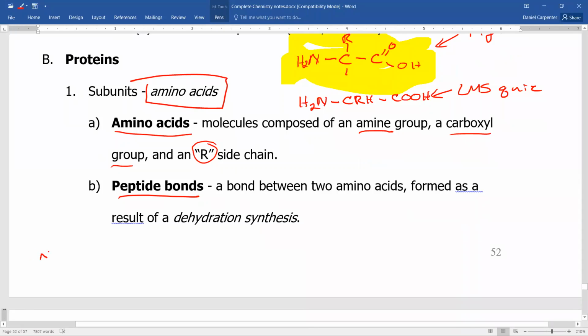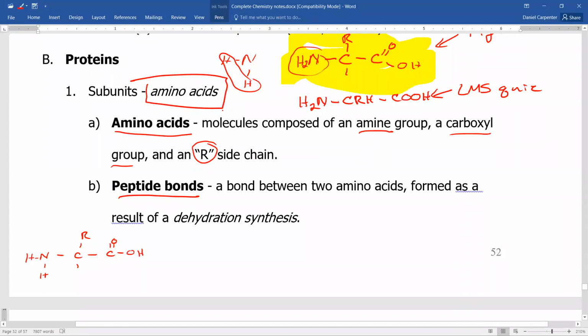So N, now look, this H2 right here can also be written H and H. That's still two H's, H2. So this time I'm going to write it H, H, C, H, R, C, double bond O, O, H.